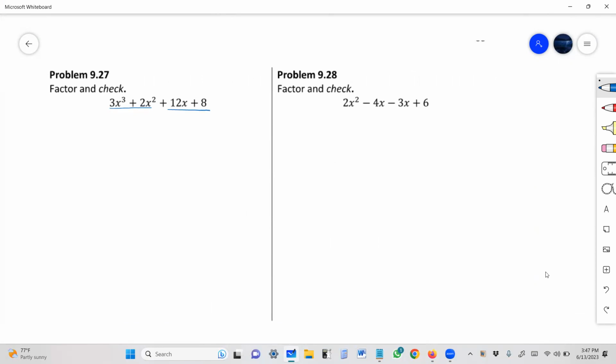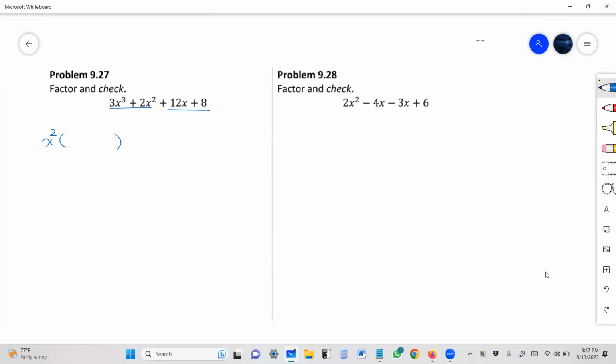Now for the first group, find the GCF. There could be a numerical GCF, and there could be a variable GCF. In this case, there's no numerical GCF between 2 and 3, but there is a variable GCF between x cubed and x squared, which is x squared. So write x squared, open and close parentheses.